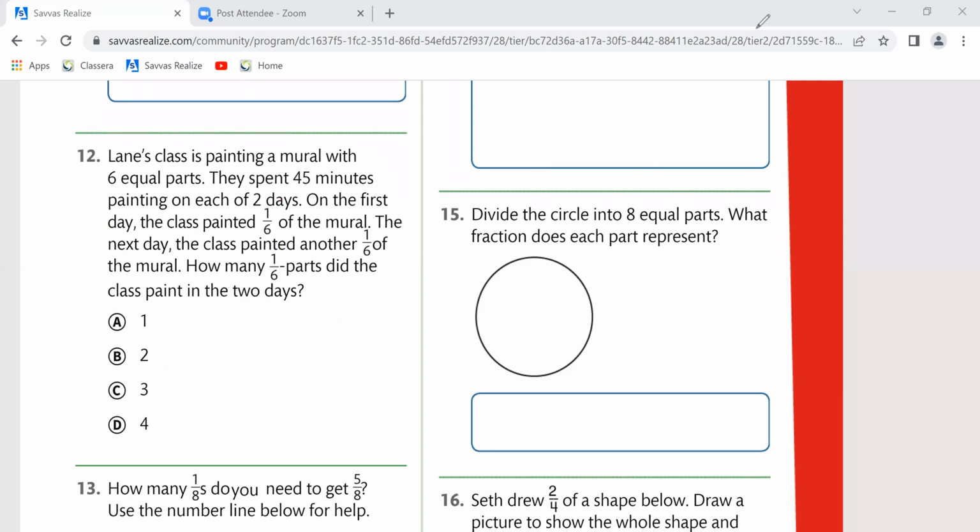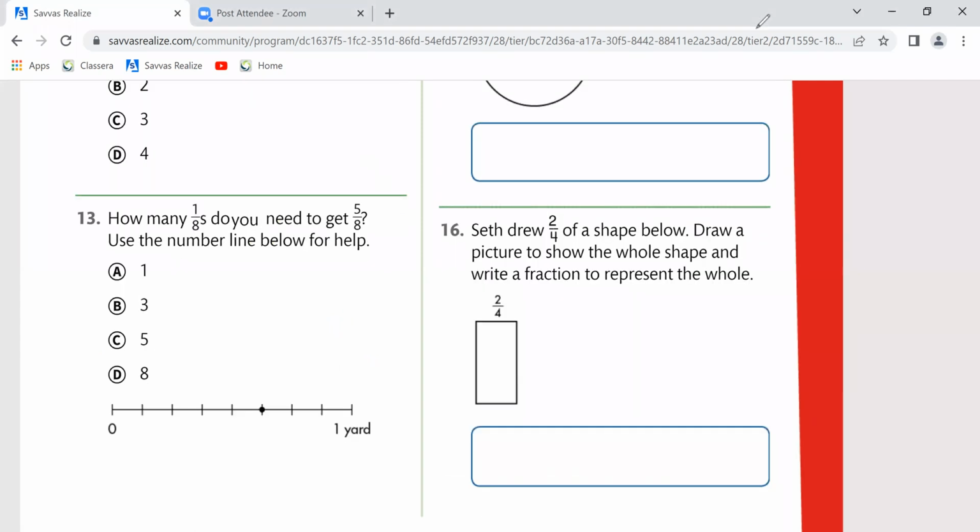Very good. So this is the same as number 11. How many 1 of 8 do you need to get to 5 of 8? In this task, you may use a number line to count. To get to this point, we need to do jumps. Sally, go and do jumps and count how many times. 5.